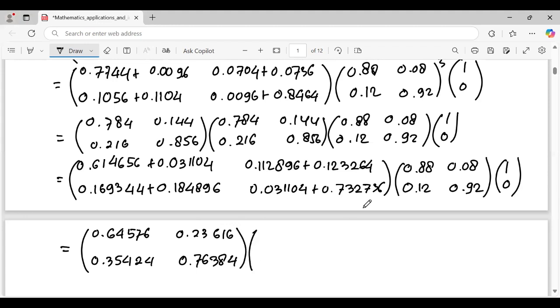Multiply this matrix by [0.88, 0.12; 0.08, 0.92] and (1, 0).